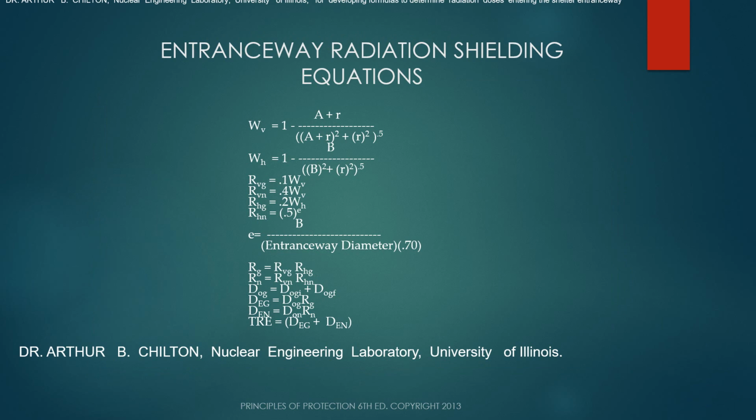Dr. Chilton is the expert in the world for radiation transport through entranceways, and this is the formula that he used. This is in the book. I don't expect you guys to use this. There's a radiation entranceway calculator that I'm going to put on the website, and in the book there are different tables, so you can just look it up.